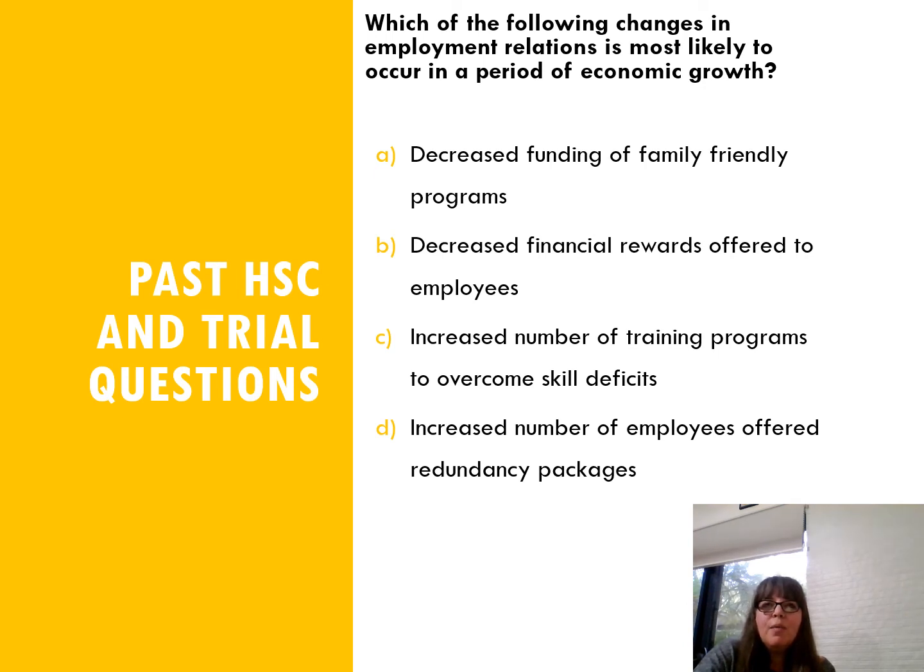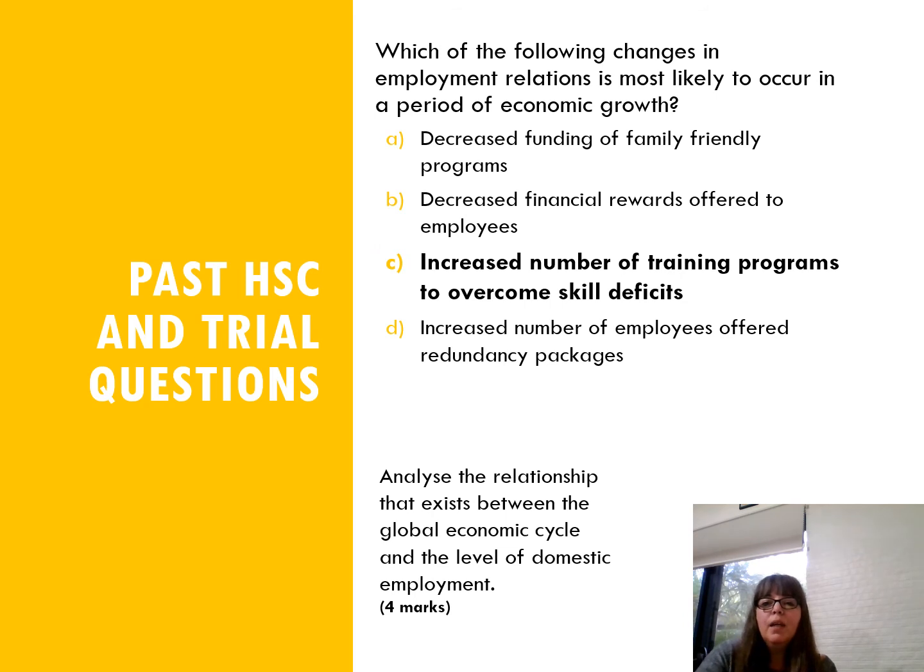Now, if you think about what we talked about much earlier in this video, about what happens when there's economic growth, you'll see the answer is C, an increased number of training programs to overcome skill deficits. Now, A talks about taking money away from things, and we said it's economic growth, so it's not going to be that.